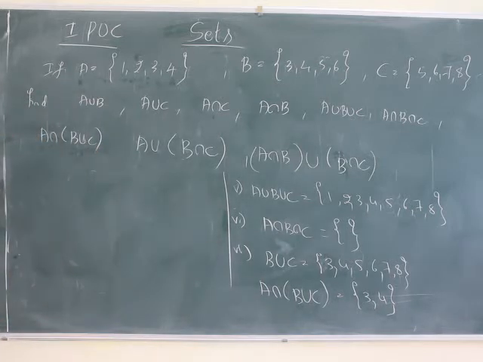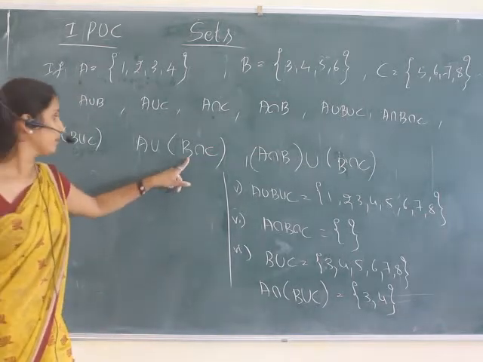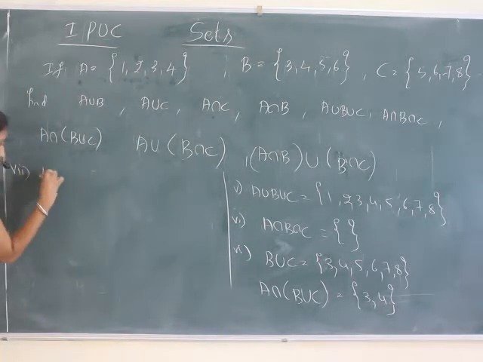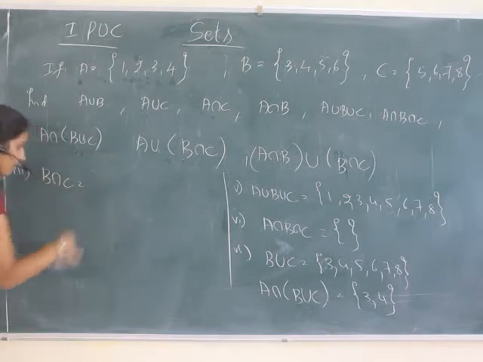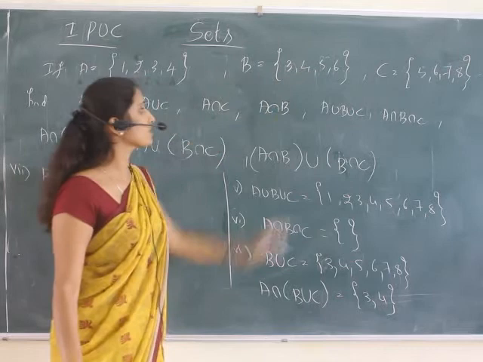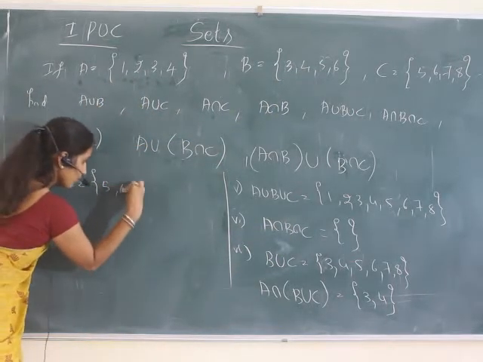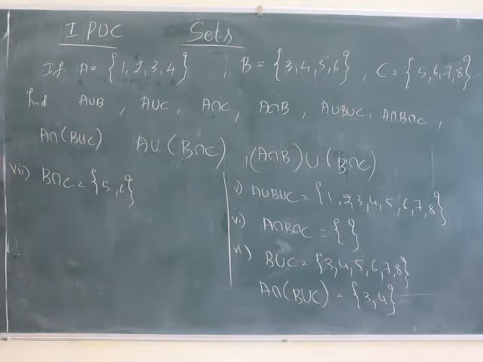Next, the seventh one is A union (B intersection C). Here also first we have to simplify the bracket. What is B intersection C? The common elements between these two are 5 and 6.